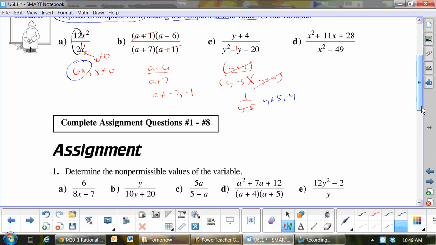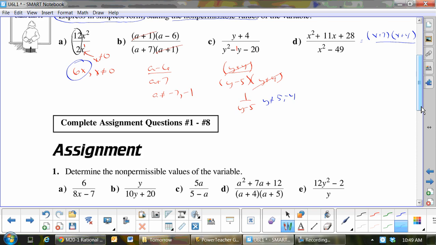Okay, let's look at D. So D, first we'll factor the top. Okay? Now, let's see how many people are getting good at this just in their head. What do you think adds to 11 and multiplies to be 28? 7 and 4. X plus 7, x plus 4. On the bottom, what's that called?